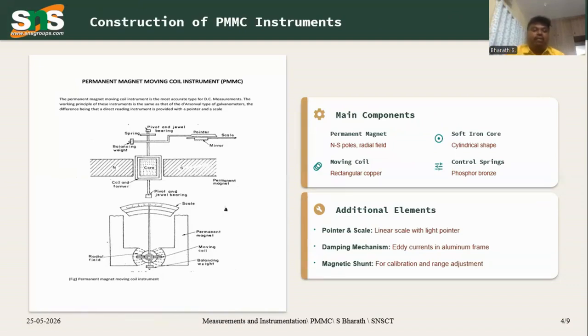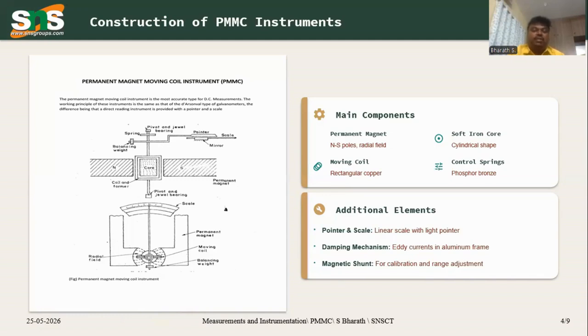On the core, you have the pivot and jewel bearing arrangement, where you can see a strip-like structure. On the top, you have a spring arrangement and pivot and jewel bearing arrangement for making the pointer move over the core. The moving coil is rectangular in shape.